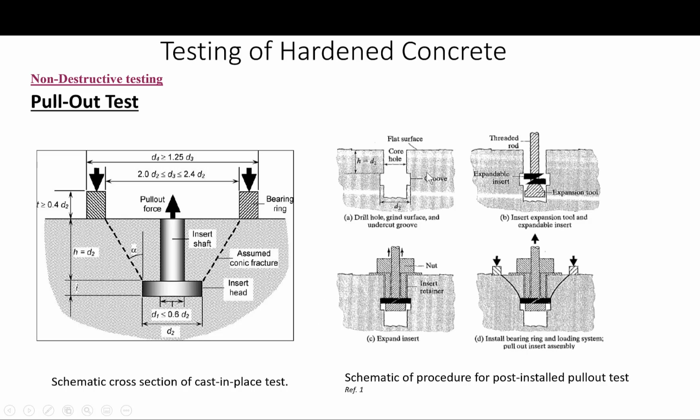So we will end up, for example, drilling and installing this type of insert with this expansion tool, arranged in a way to bear against the concrete when it's pulled out. Okay, so basically these are the setups. This is the cast-in, this is the post-installed.